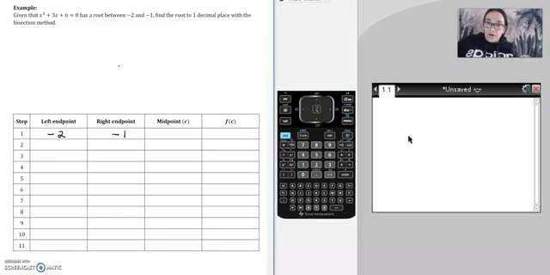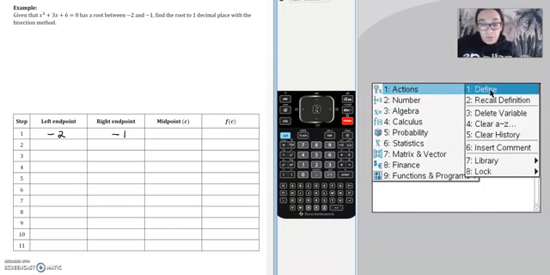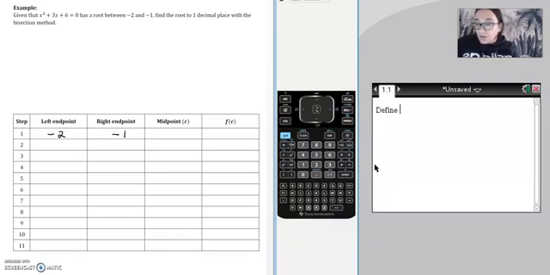There are a couple of things you can do. One of the things that will save a lot of time, because you're going to have to continually substitute values into your function, is to define it first. In a calculator page, menu 1, define, and I'm going to call this x cubed plus 3x plus 6 f of x, because all of the instructions so far talk about an f of x.